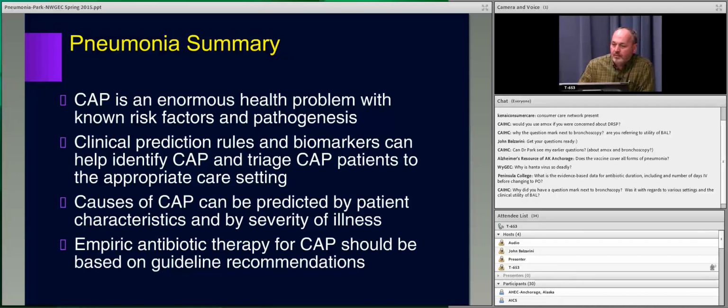So Anchorage is asking, does the vaccine cover all forms of pneumonia? Well, there are two vaccines that are typically used to prevent pneumonia. One is the flu shot, and that has to be received every year. What they try to do is, by studying what's going on halfway around the world earlier in the season, they try to get a sense of what strains to cover.